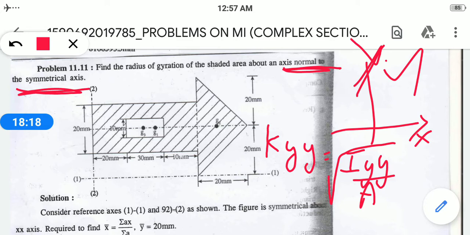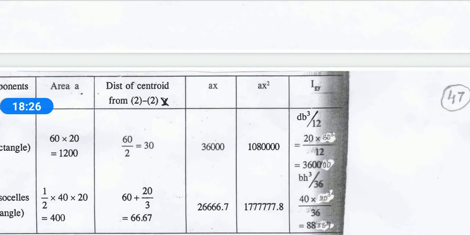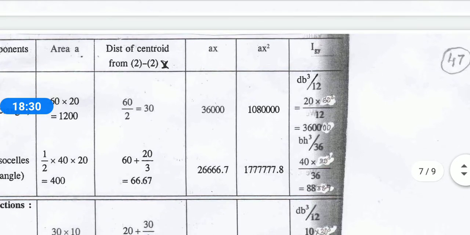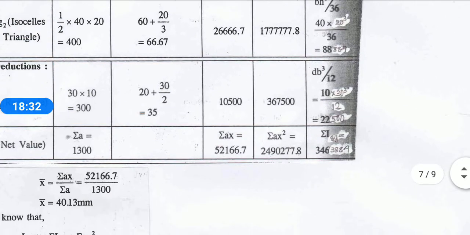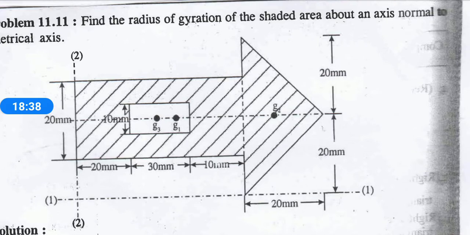So what are the things necessary for Iyy? We need to put a table column. For Iyy, we need to find x, ax, ax square, igy, and we need to find x bar. Got it? For that only we are taking this sum. How many components can it be divided into? It can be divided into three components.